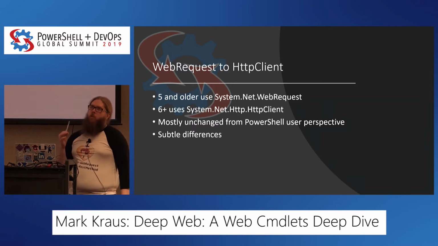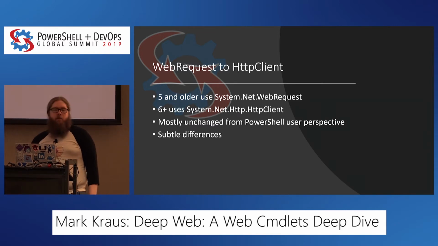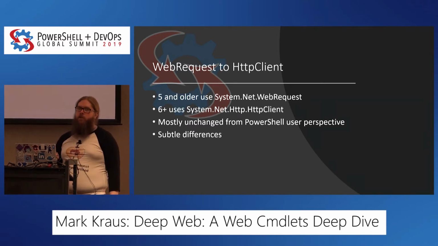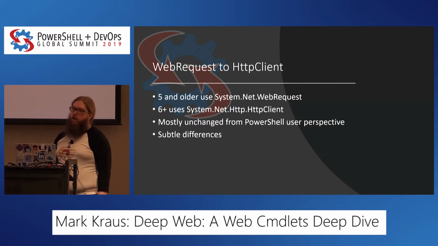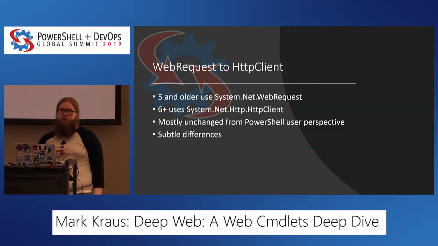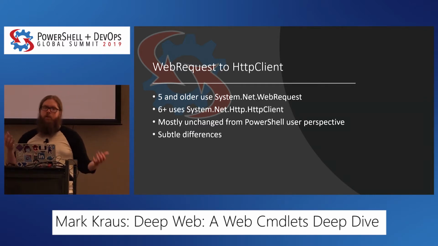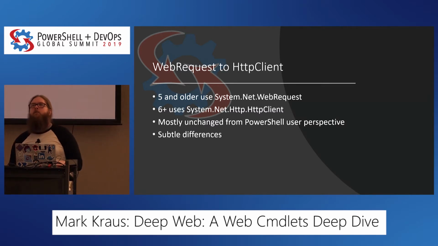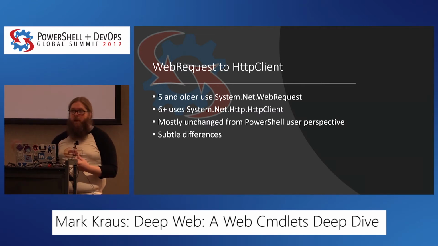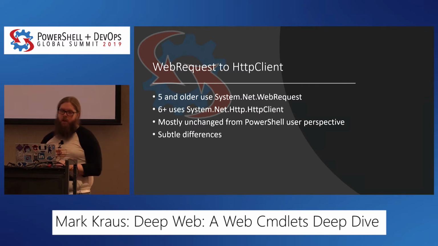So a lot of the underlying changes here, and I've already briefly touched on this, is because in the move from 5.1 to 6.0, underneath the hood there, we changed from WebRequests to HTTP clients. So these are .NET APIs inside of .NET Core and full .NET that are what the web commandlets are actually using to make their calls to the endpoints.